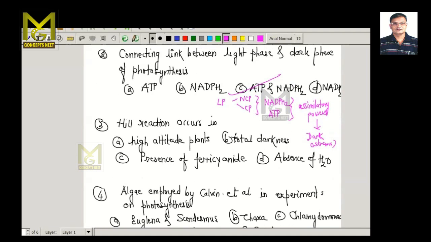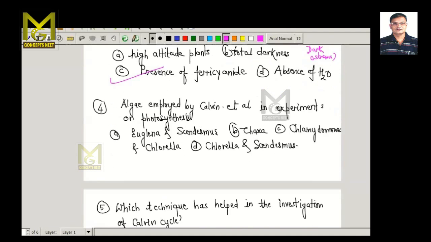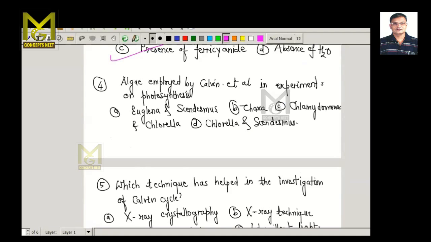The Hill reaction of photosynthesis takes place in which of these options? The correct answer is ferricyanide. The Hill reaction is known to take place in the presence of ferricyanide. Algae employed by Calvin et al. in experiments on photosynthesis: the correct option is Chlorella and Scenedesmus.